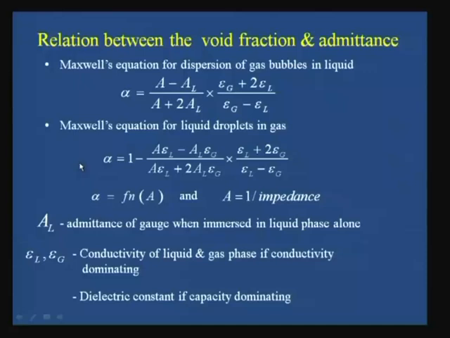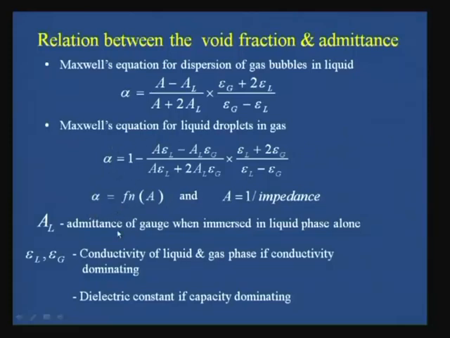So even for dispersed flow, if the dispersed medium and the continuous medium are interchanged, keeping everything else constant, alpha is different for the two cases. We have different expressions for alpha when gas bubbles are dispersed in liquid and when there are liquid droplets dispersed in gas.